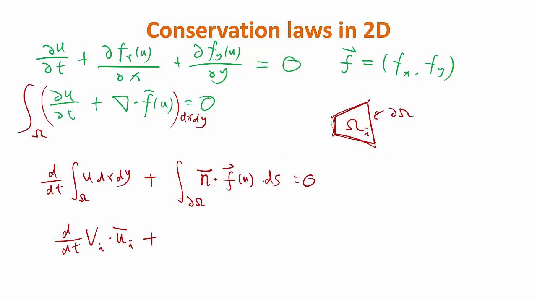So we are summing j from 1 to 4 for that particular case. If it's a triangular control volume, j goes from 1 to 3. If it's a hexagonal control volume, j goes from 1 to 6. In this case, j goes from 1 to 4.